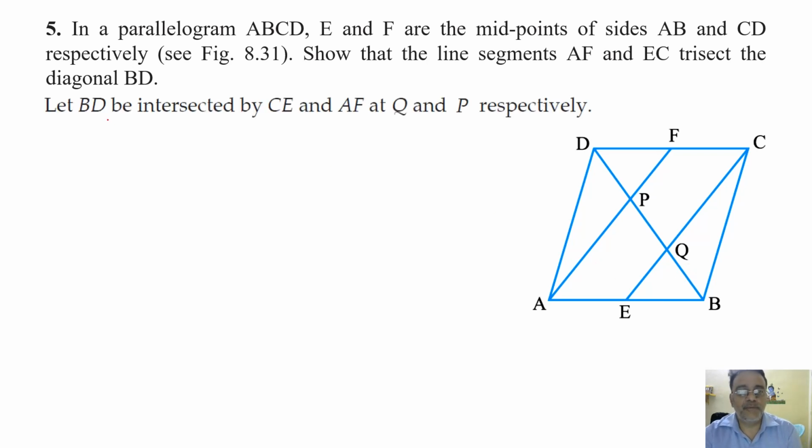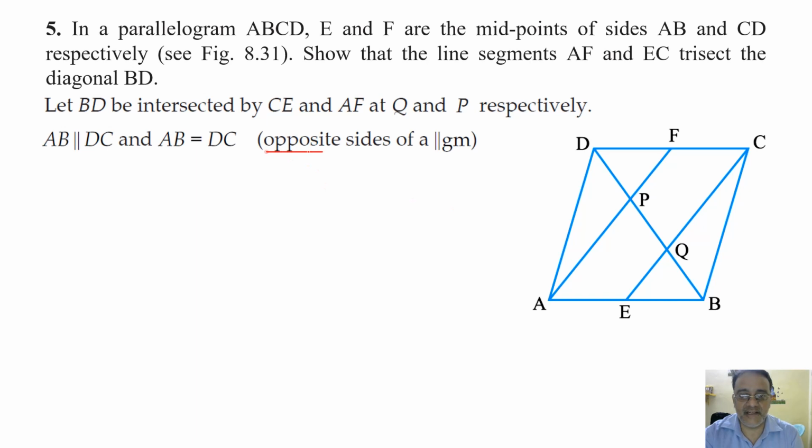First, BD is intersected by CE and AF at Q and P respectively. This is already given. Now AB is parallel to DC and AB is equal to DC. Opposite sides of parallelogram. Okay. So ध्यान से देखो, AB की जगह पे हम लोग AE लिख सकते हैं और DC की जगह पे हम लोग FC लिख सकते हैं. And half of AB will be equal to half of DC.